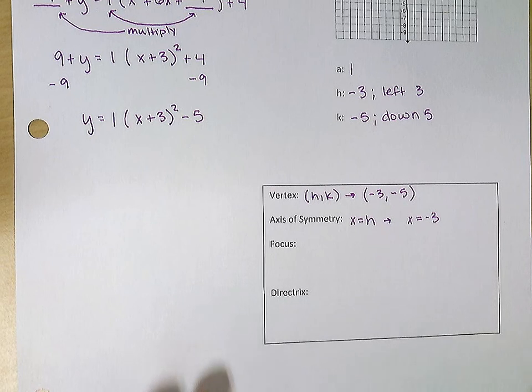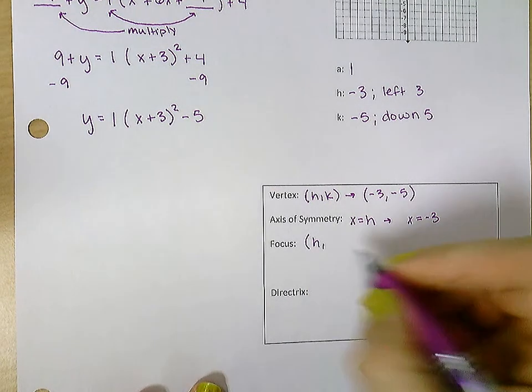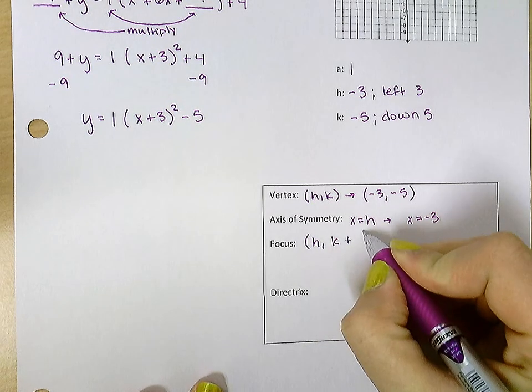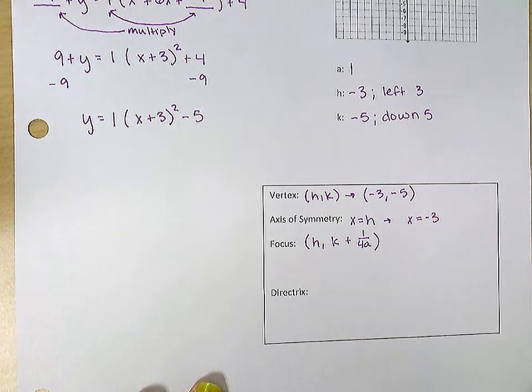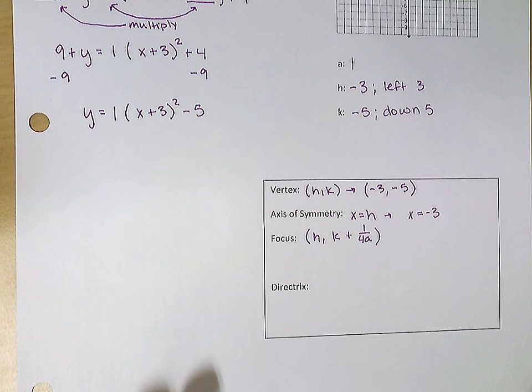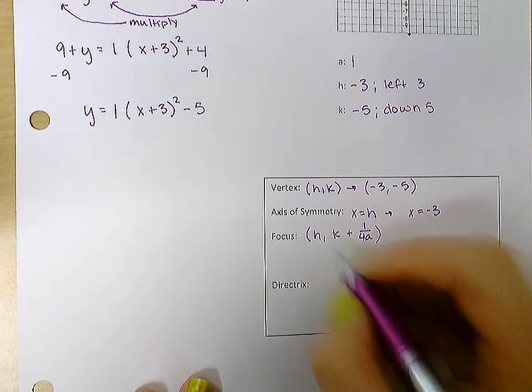Your focus is at h, comma, k plus 1 over 4a. So our h value is -3.